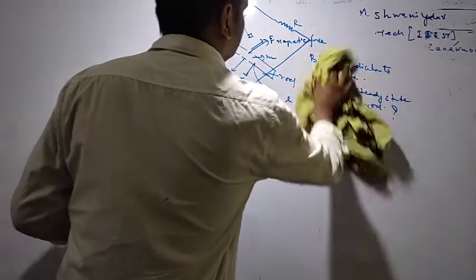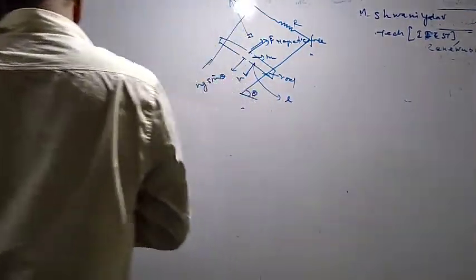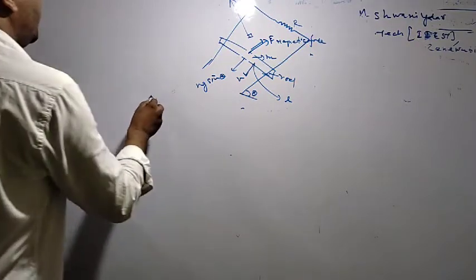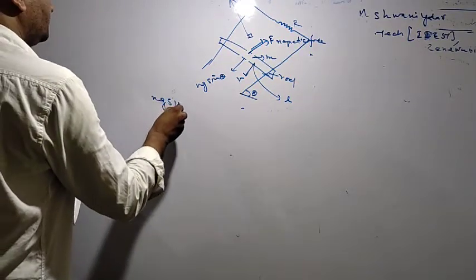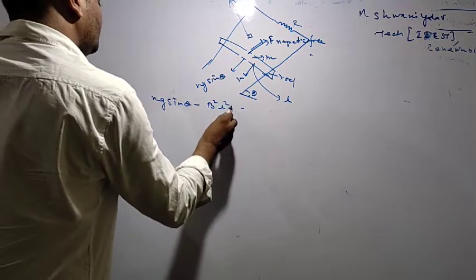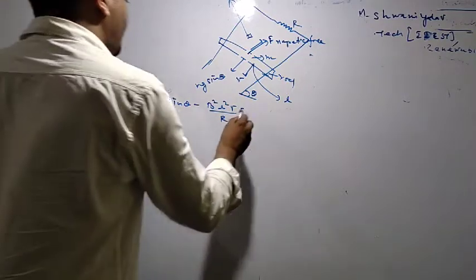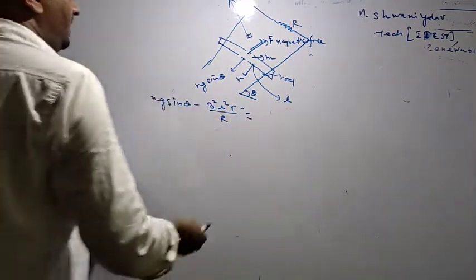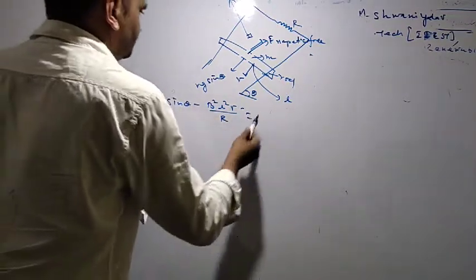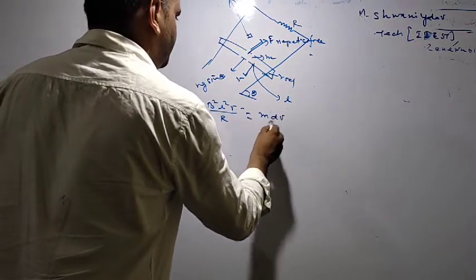Okay, so using Newton's second law of motion, I can write that the downward force is mg sin theta minus the magnetic force we have calculated, B square L square v over R. This is the net force, and from Newton's law of motion this net force is equal to m dv by dt.